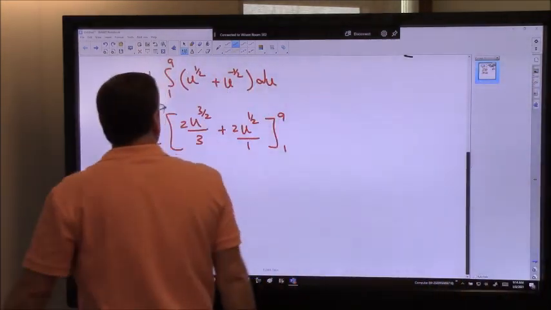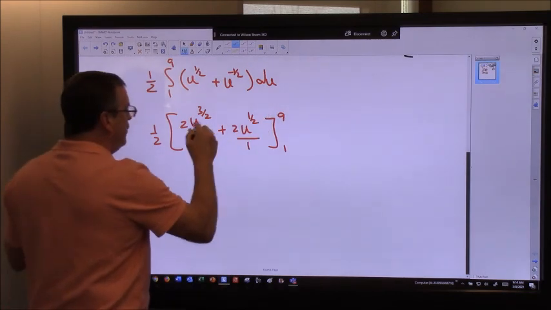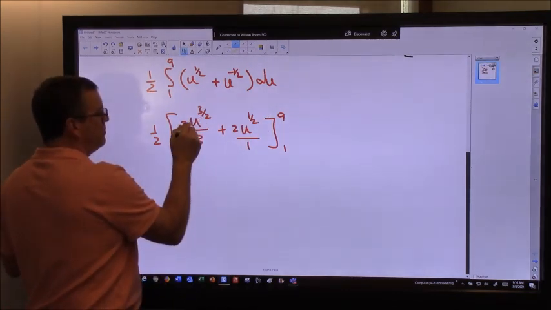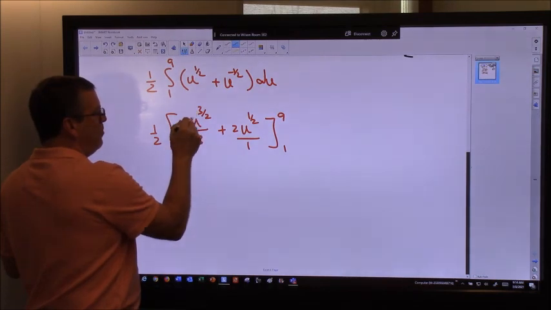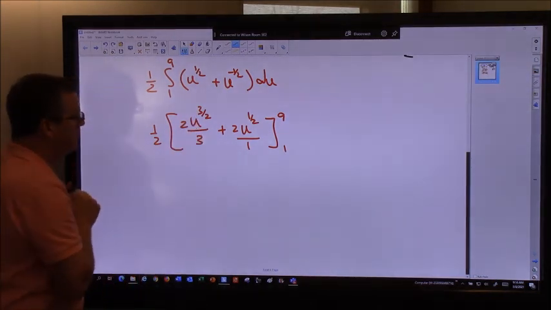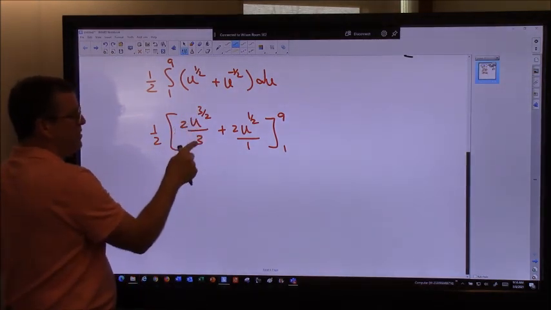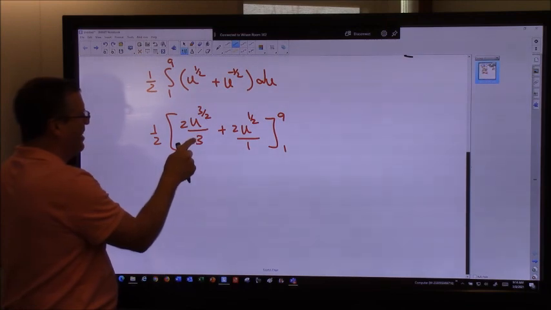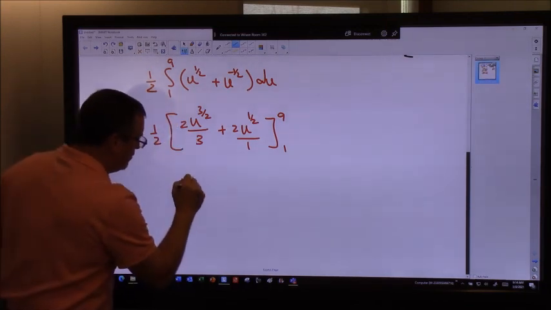Alright, so if I plug in a 9 first, I'm going to get the square root of 9, which is 3. 3 raised to the 3rd power, that's 27. 27 divided by 3 is... no, I'm sorry, 9. So 9 times 2, that's 18.